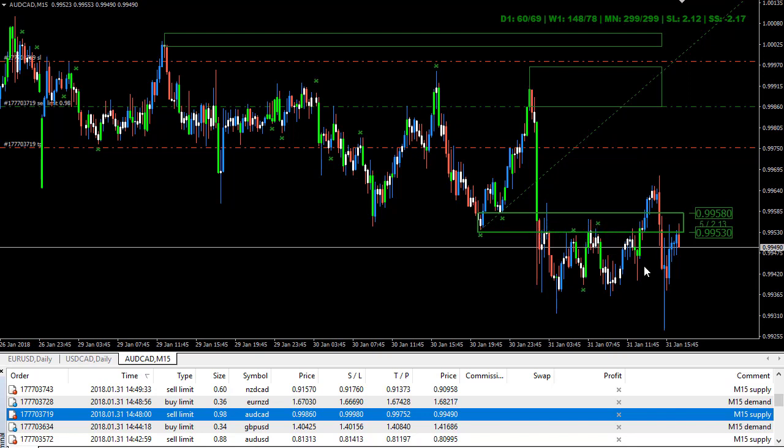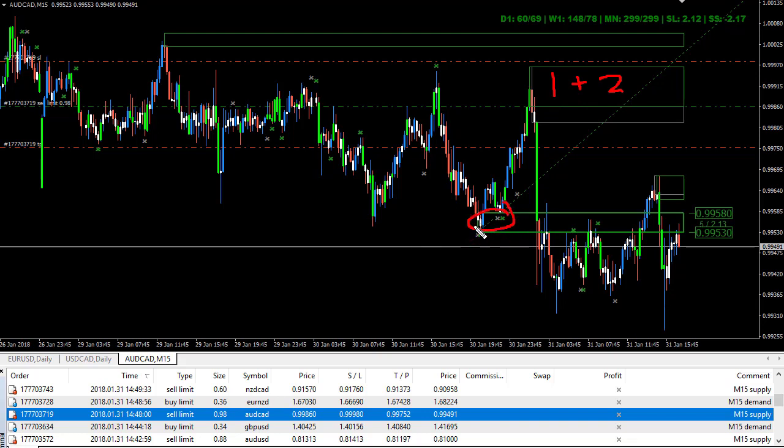It's kind of tested into it. Now price cut through it, and so this one here was qualified using 1 and 2. 1, 2. Okay.